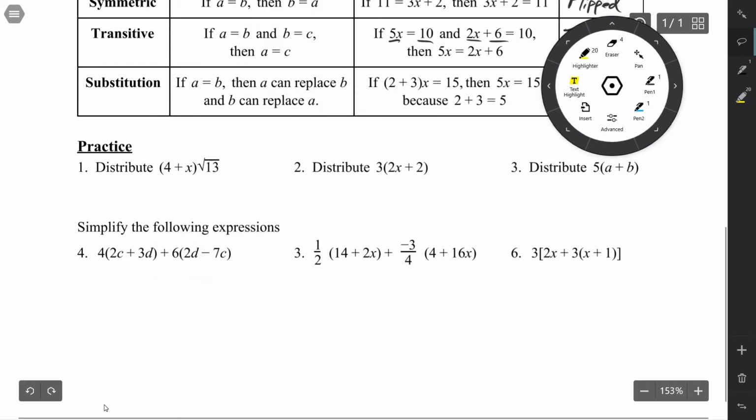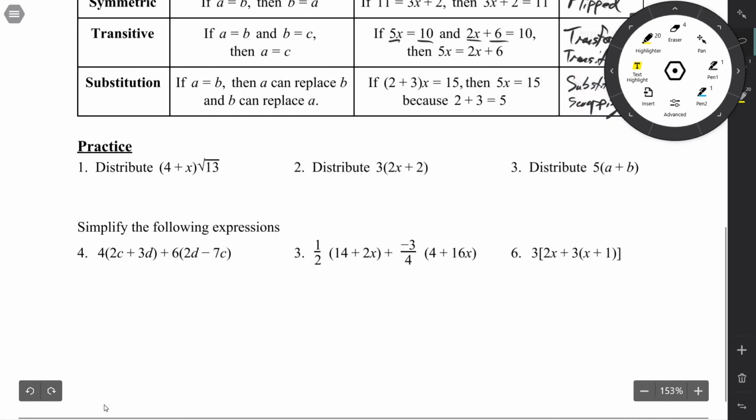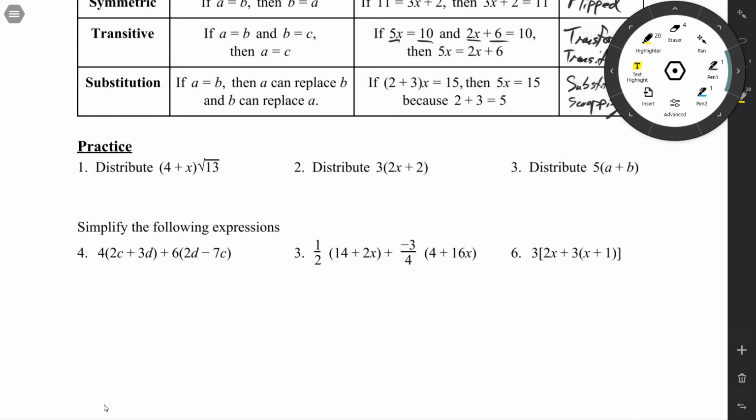So this is really practice for 1.3 and 1.4, but let's distribute for the first time. The easiest way is to take the smaller number outside of the parentheses and distribute them in. So for this one, we would take the square root of 13 and multiply it by the 4 first. So we get 4 square root of 13 plus x square root 13.